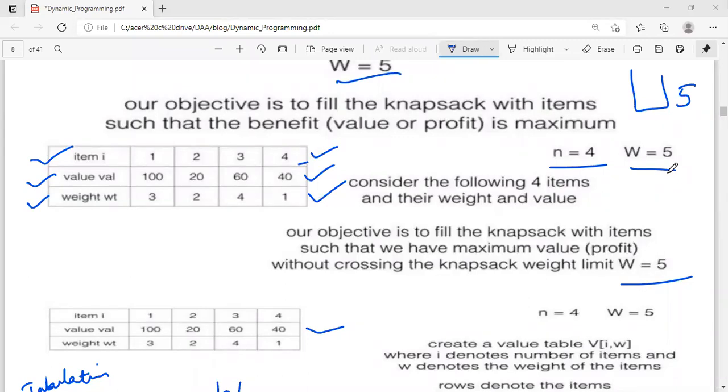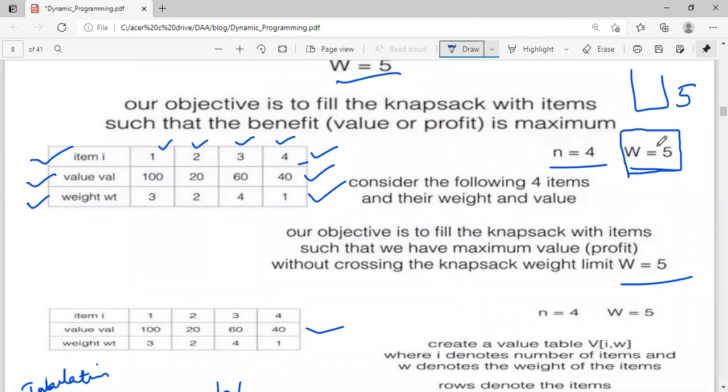Can anyone tell me? The weight capacity is 5. And how many items do I have? I have n equals 4 items: 1, 2, 3, 4.